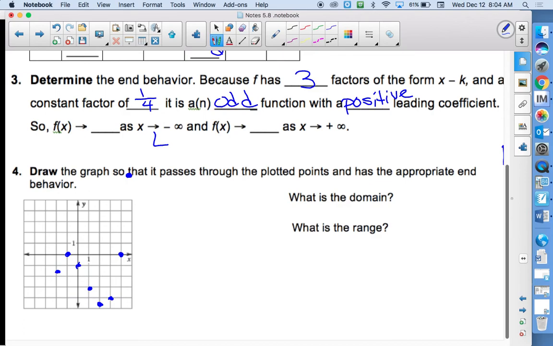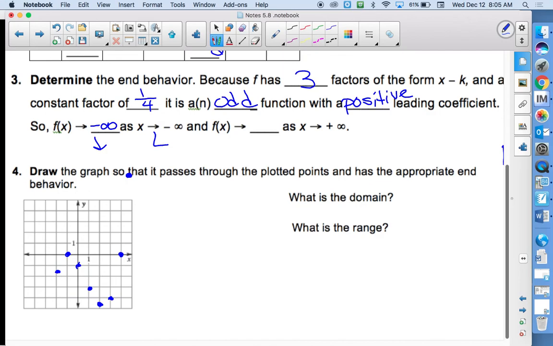So if we're on the left side of the graph, what's the y value doing when it's odd and positive? Jillian? It goes down. So the fancy math way to say go down is it goes to -infinity. So x goes to -infinity means the left. It's going down on the left.